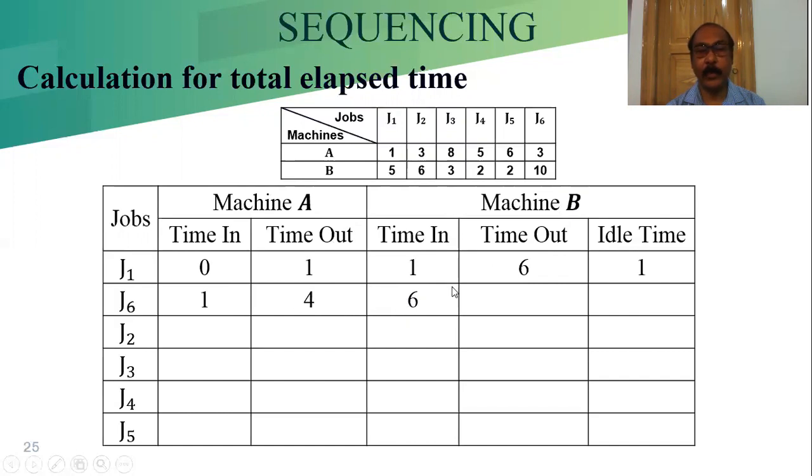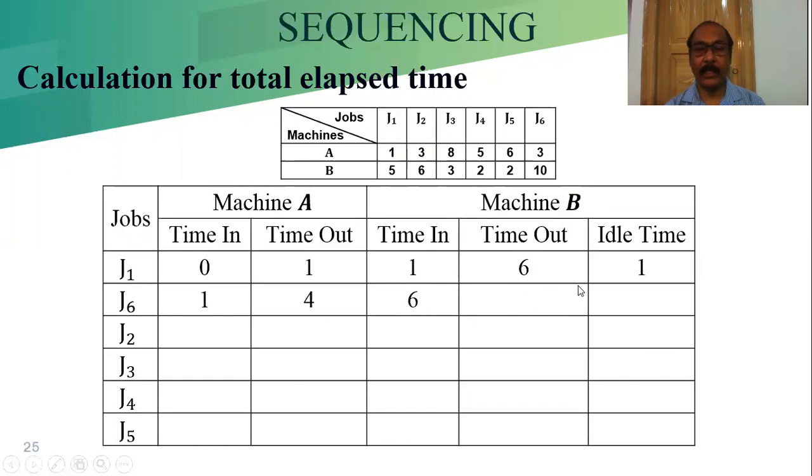For that, we have to wait until job 1 is complete in machine B. As soon as job 1 completes in machine B, we can start job 6 in machine B. That means it will start in the 6th hour, that is, at 6 p.m. It is going on, and how much time will it take? Job 6 takes 10, so it will be complete in the 16th hour.